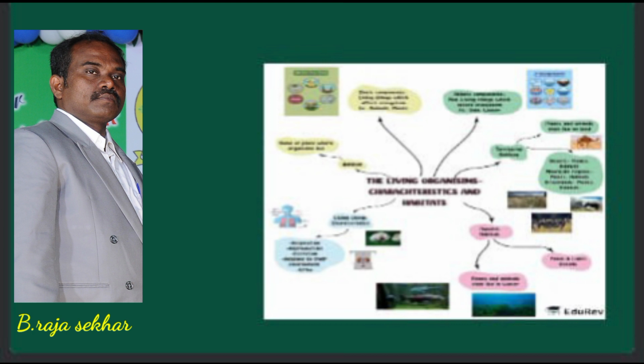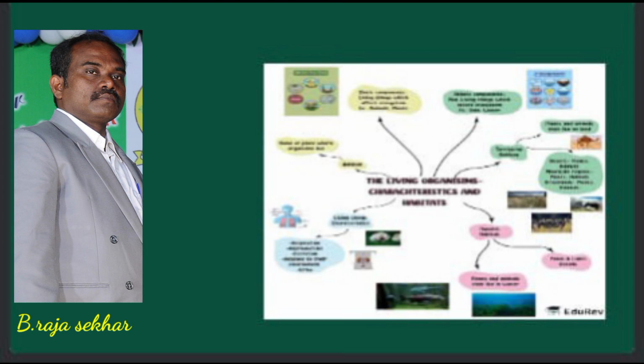Mountain regions, grasslands. So these are the different types of habitats. And aquatic habitat: plants and animals that live in water, for example ponds, lakes and oceans.